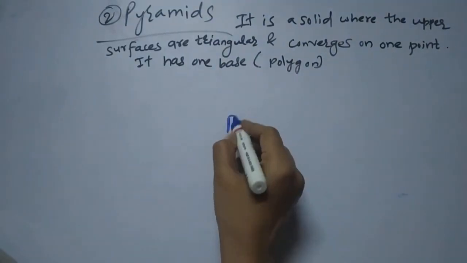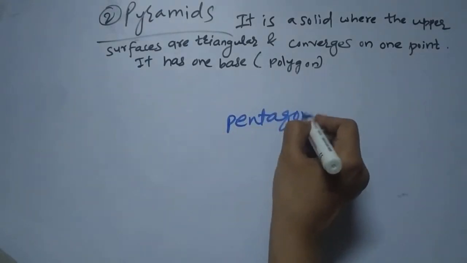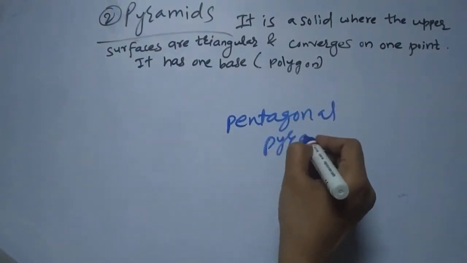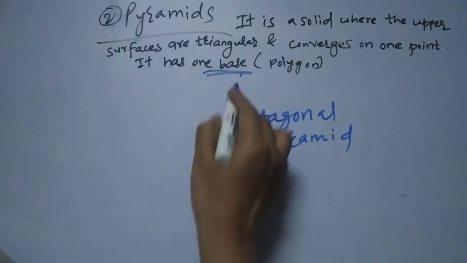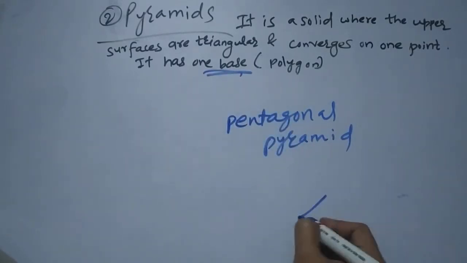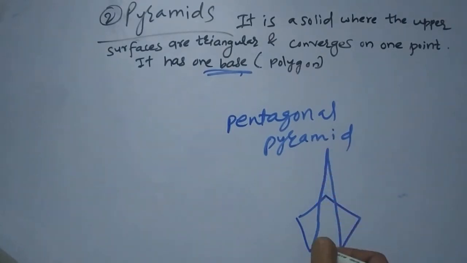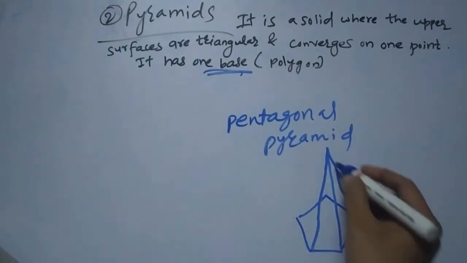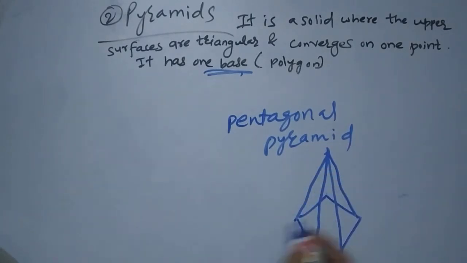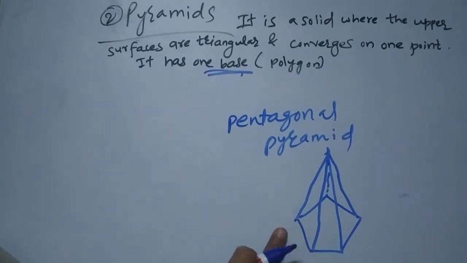Now we have the pentagonal pyramid. In a pentagonal pyramid the base is a pentagon, so you need to draw a pentagon base. Then afterwards all the lateral faces are triangles. So this is a pentagonal pyramid.